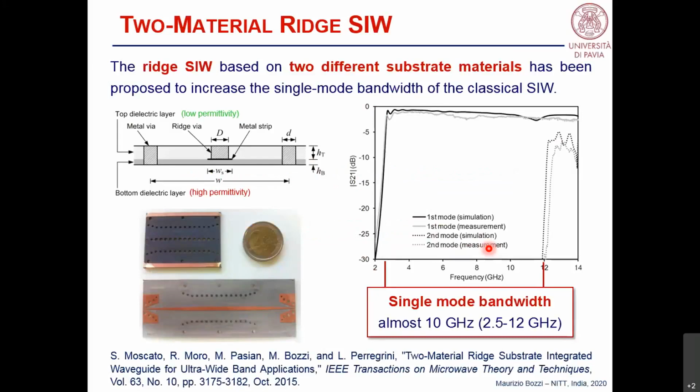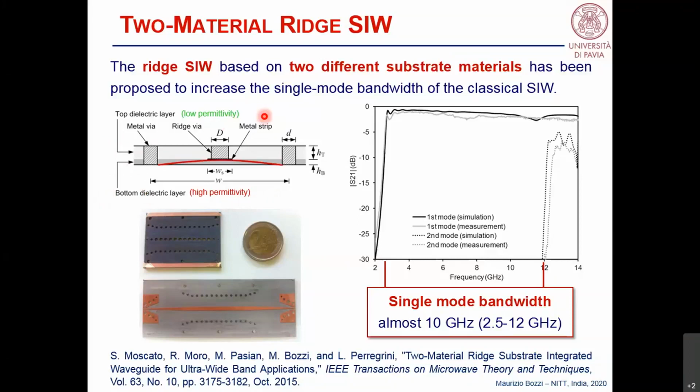This is a ridge SIW where we adopted the traditional topology, so the SIW with the metal cylinders here and here, the partial high ridge post here, but we adopted 2 different materials, one for the bottom dielectric layer and the other for the top dielectric layer. In particular, we use high permittivity for the bottom dielectric layer and low permittivity for the top layer.